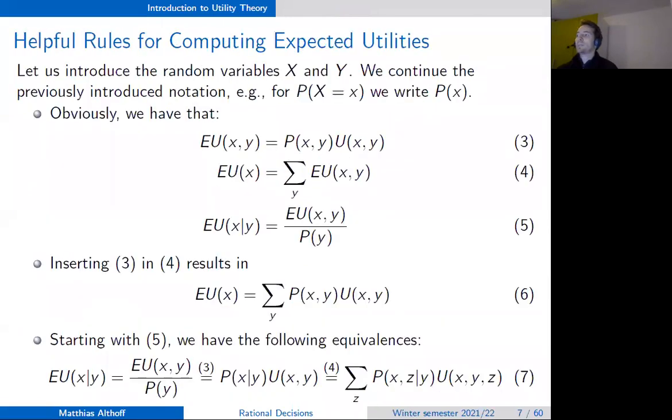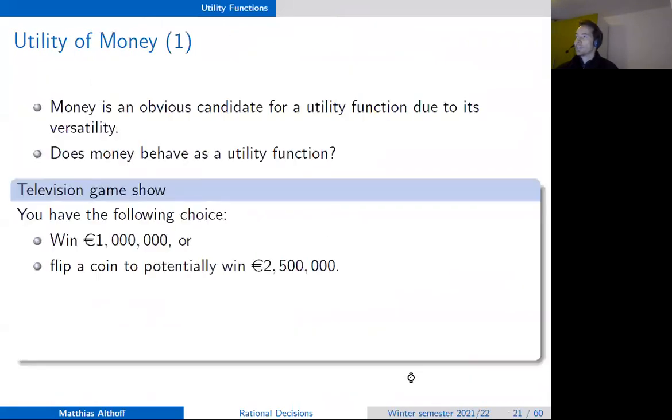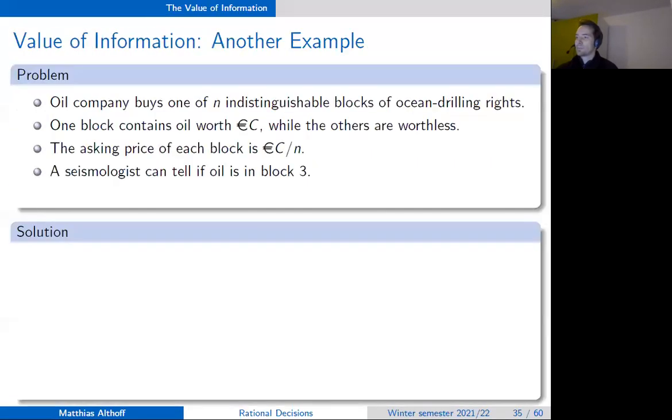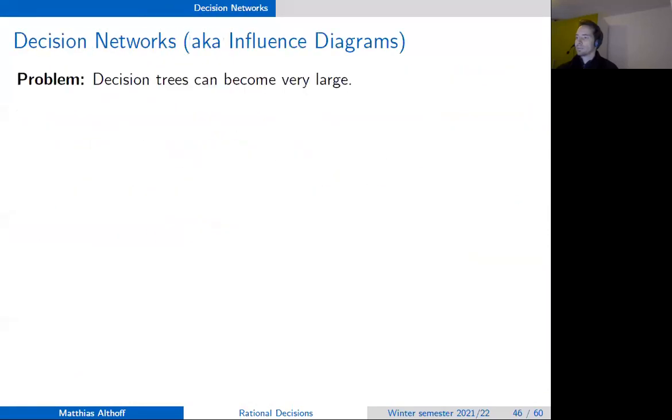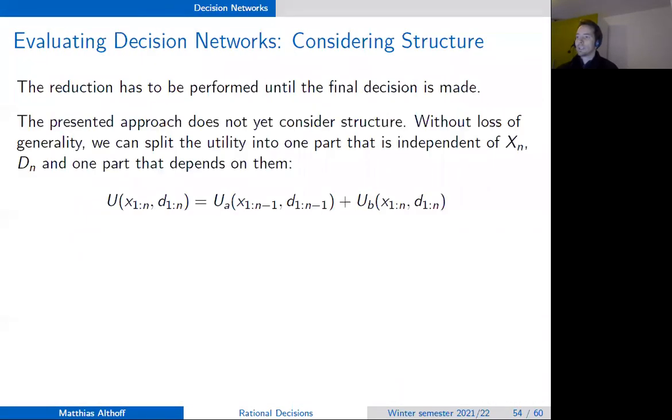I mean, you probably remember the equation, but not exactly what was equation 7. So the expected utility of x given y can be computed by multiplying the conditional probabilities of x and z given y with the utilities, and then we sum over all the hidden variables set here. And something similar is done here. Sorry, that was too fast.